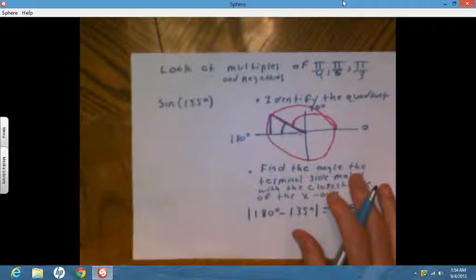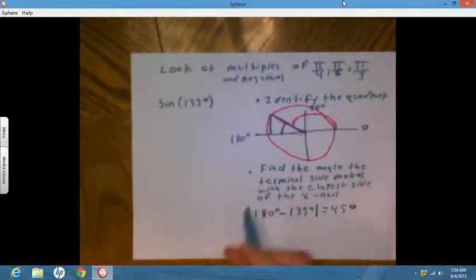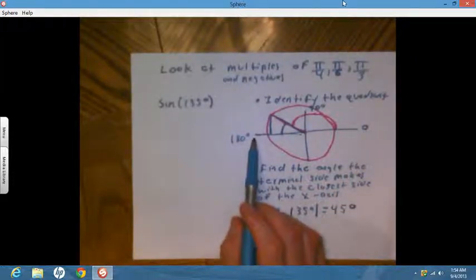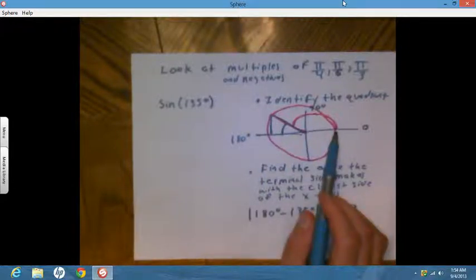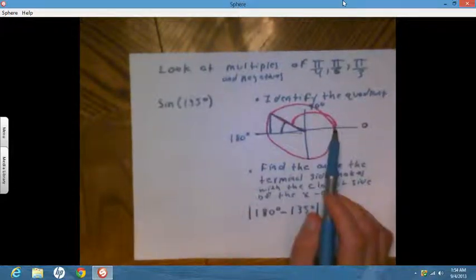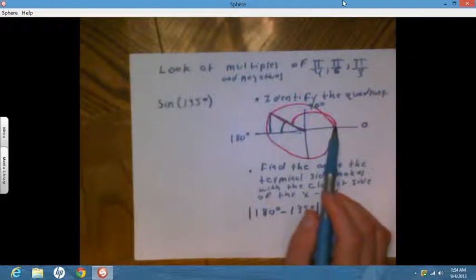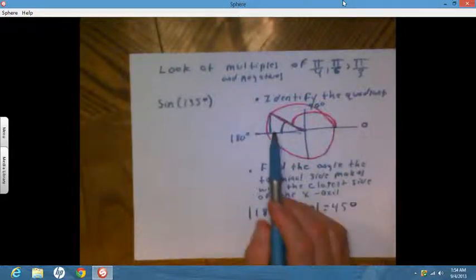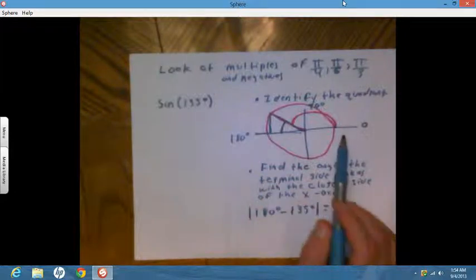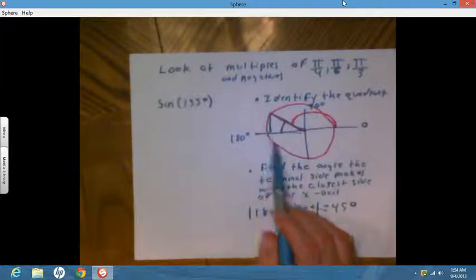Okay. Now, you might be asking, well, instead of 180, I could have chosen a multiple of 180. That would have worked. Like 180 times 3, for instance, would also be this angle, because I could go 0, 180, 360, 540.